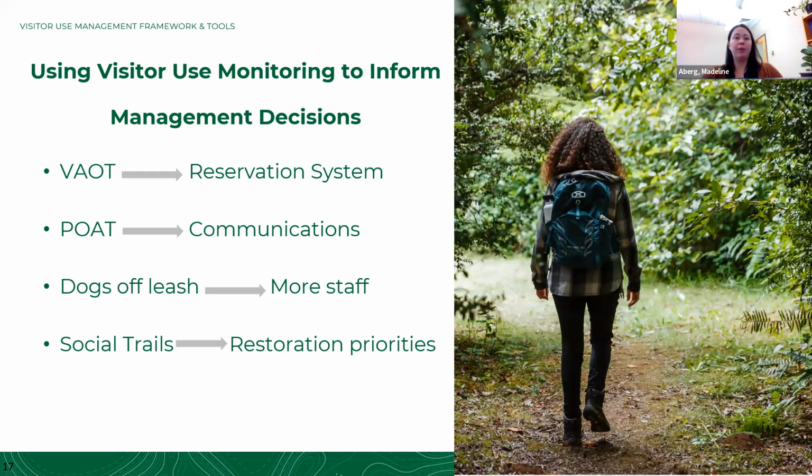When we're monitoring people at one time, one use of that would be to inform your strategy for communicating with visitors about high and low use times to visit the park or to visit a certain area.